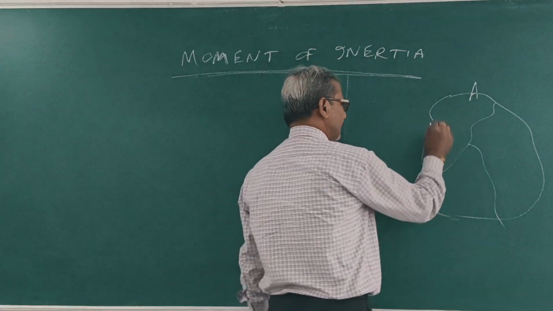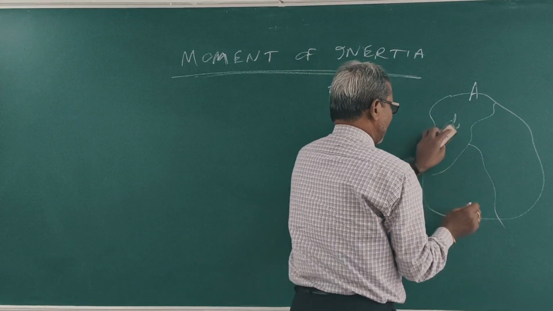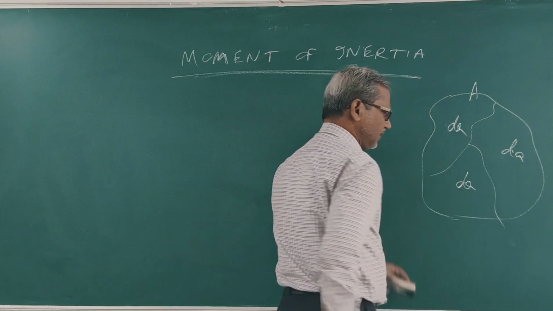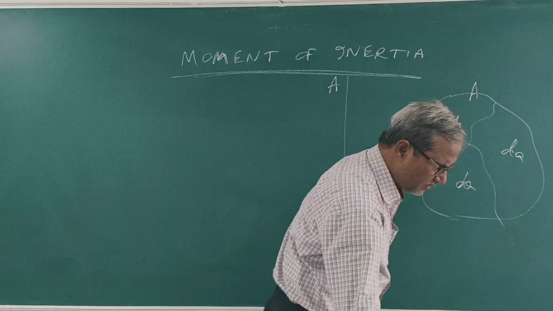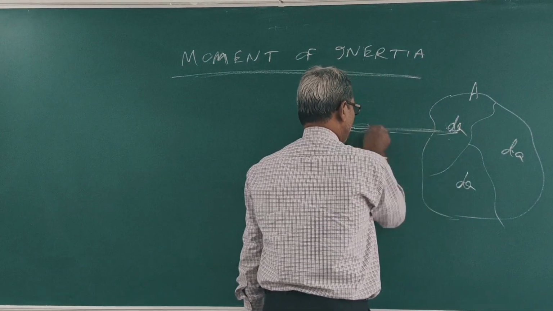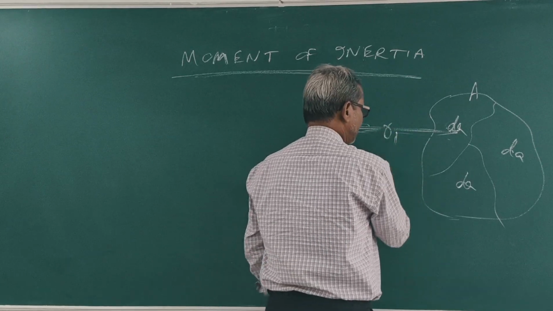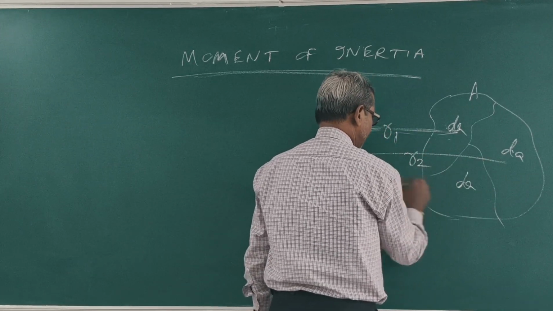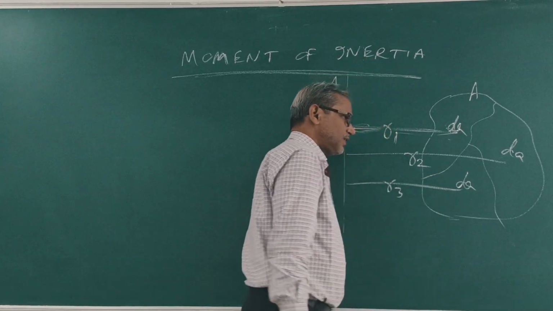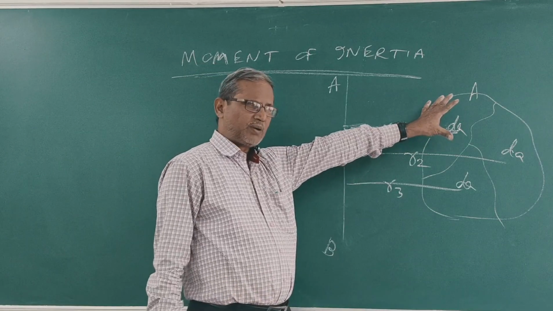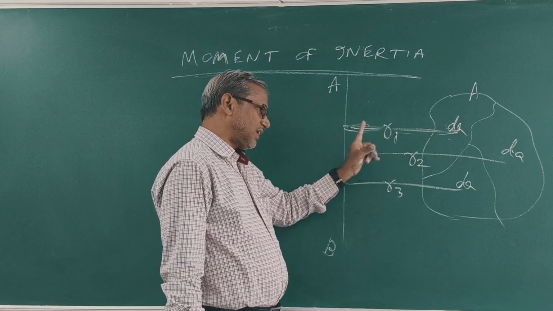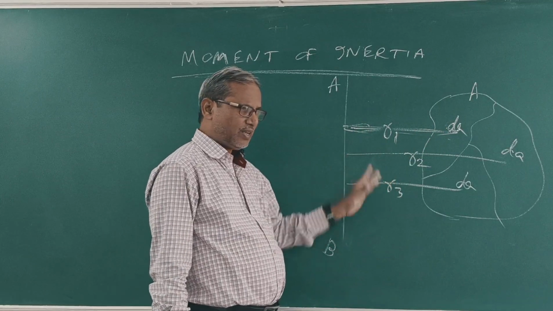Each area dA is at a distance R1 from AB, this is R2 from AB, this is R3 from AB. Clear? Split this area into small elements. Each element dA is at distance R1, R2, R3 from the axis AB.